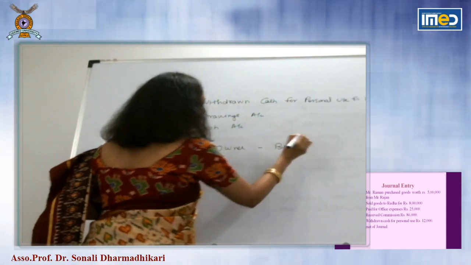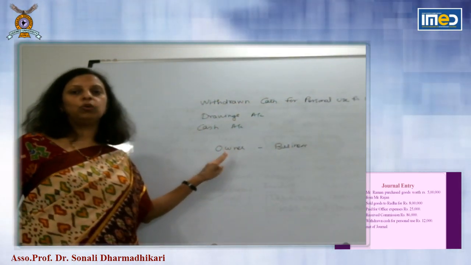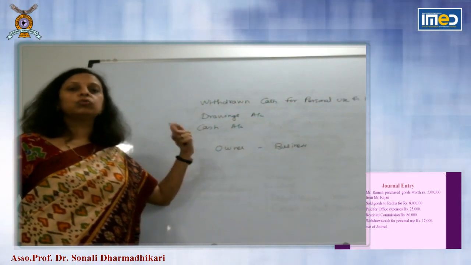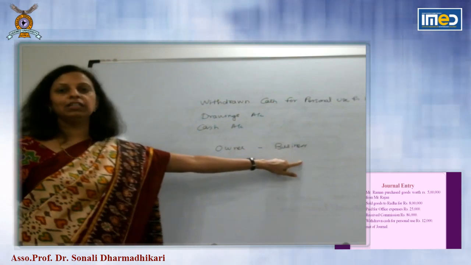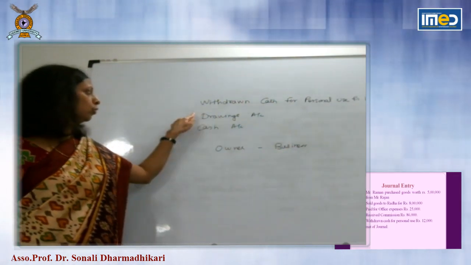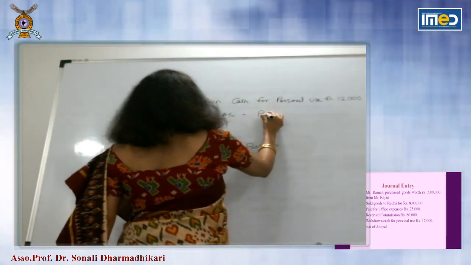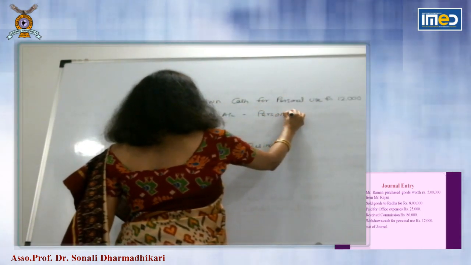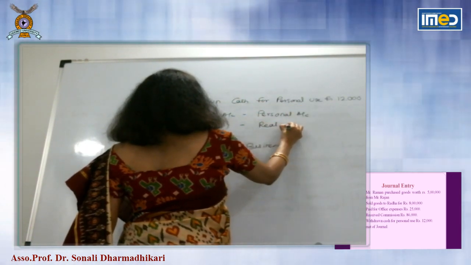And as the entity concept says, whenever there is a transaction between owner and business, it is treated as a separate entity and it is passed in the books of business. So drawings account comes as personal account as it is owner's account. Cash account is real account.